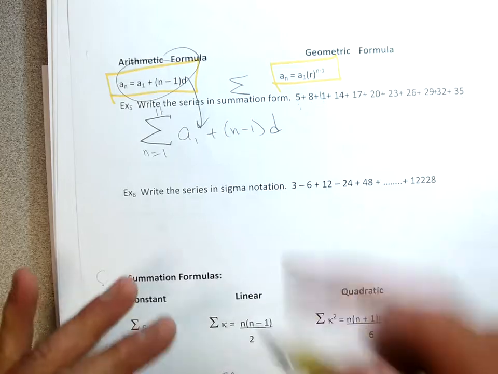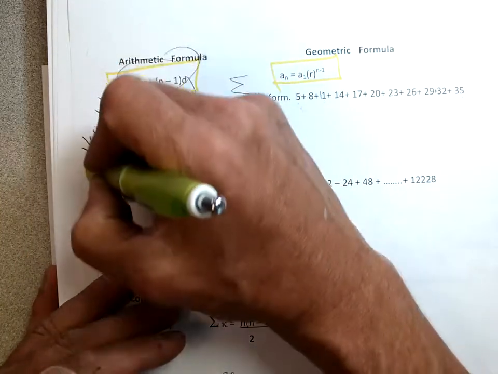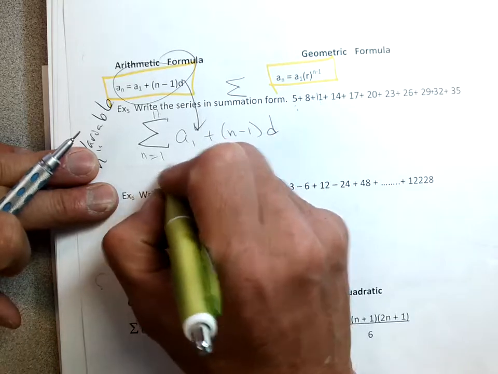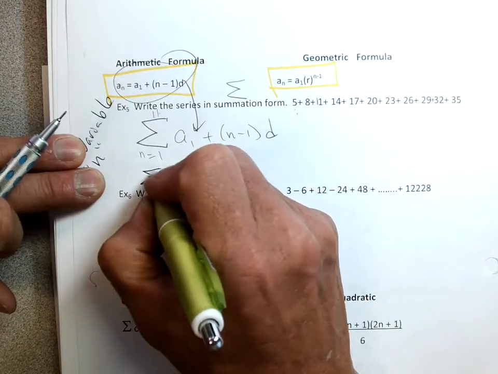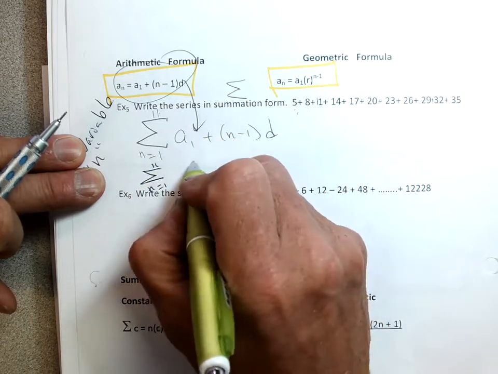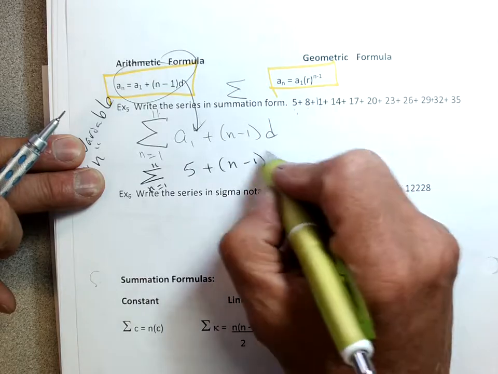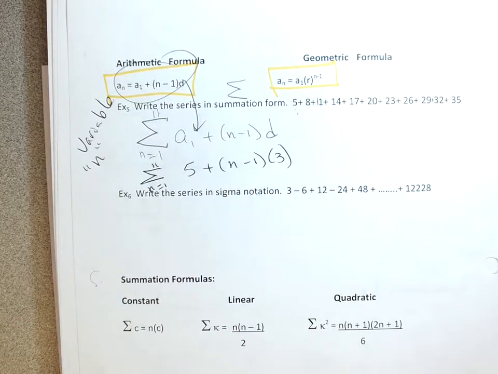So I can do the summation, n equals 1 to 11 of 5 plus n minus 1 times 3. And that is the correct formula, except I'm going to tidy it up.